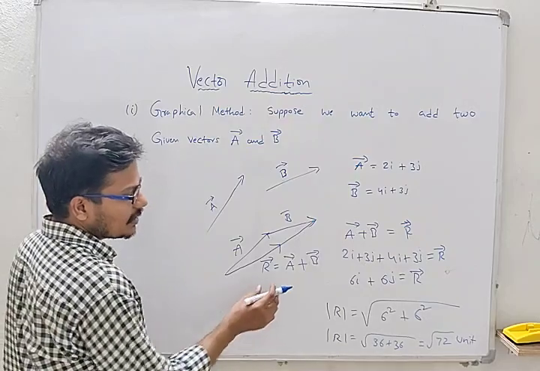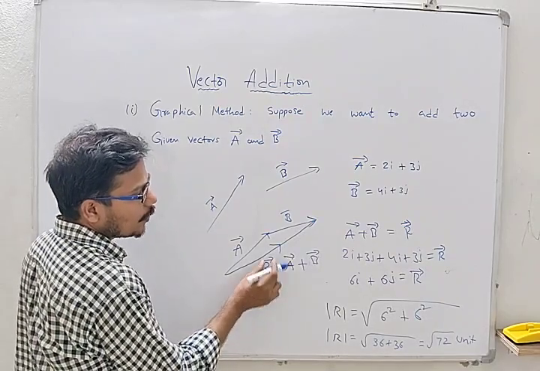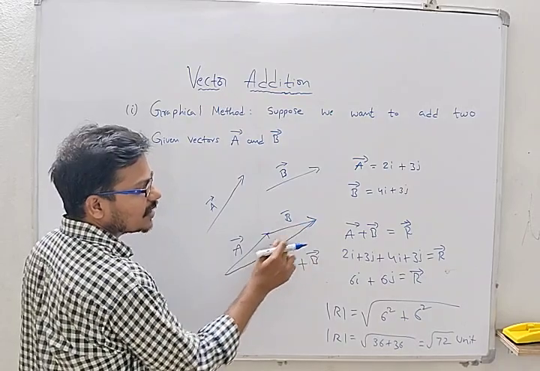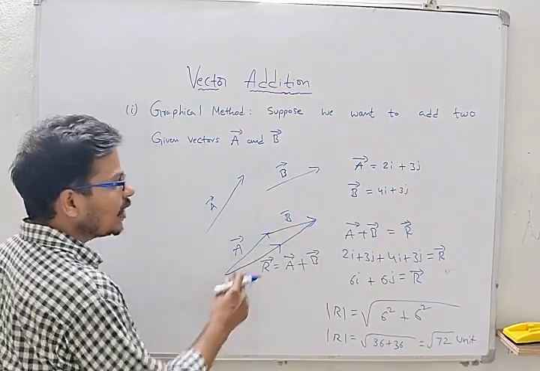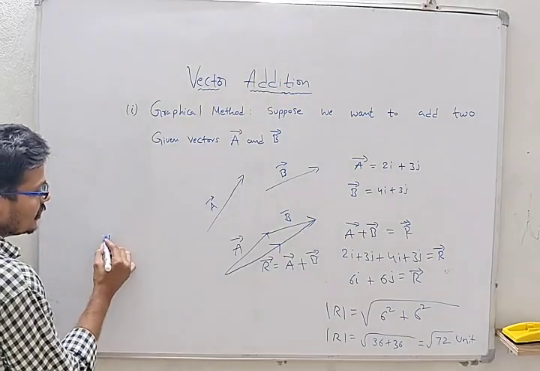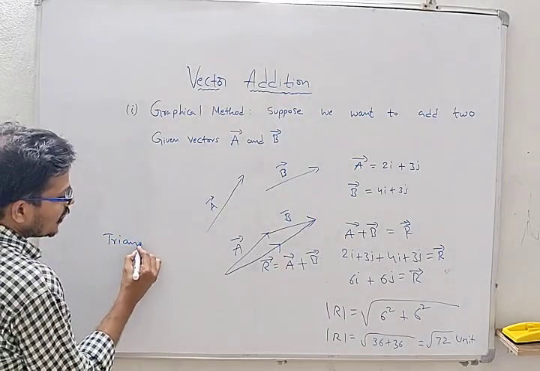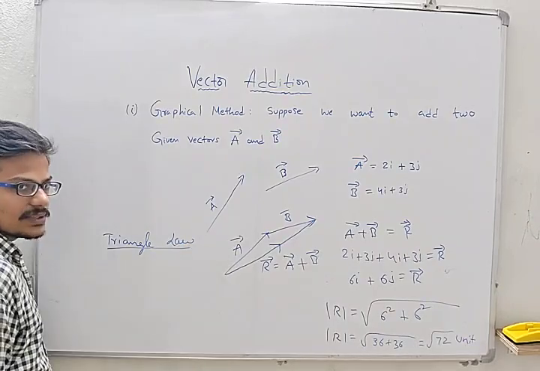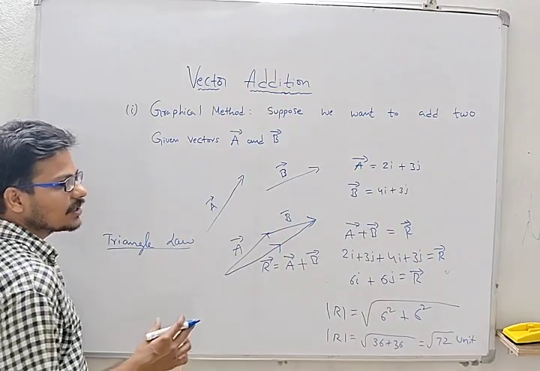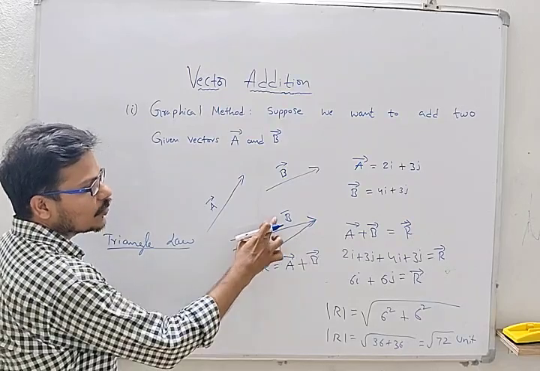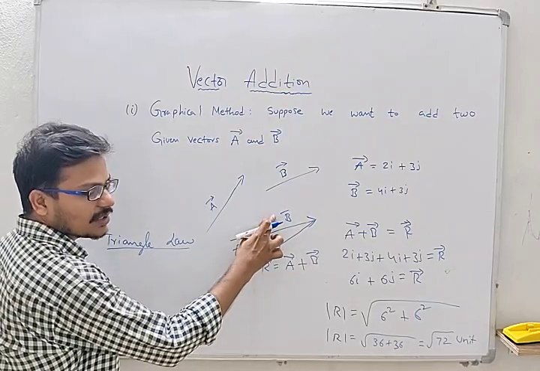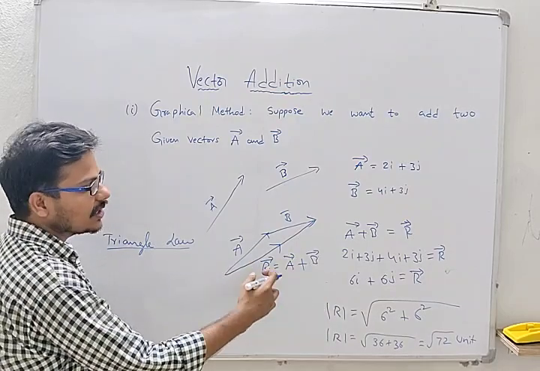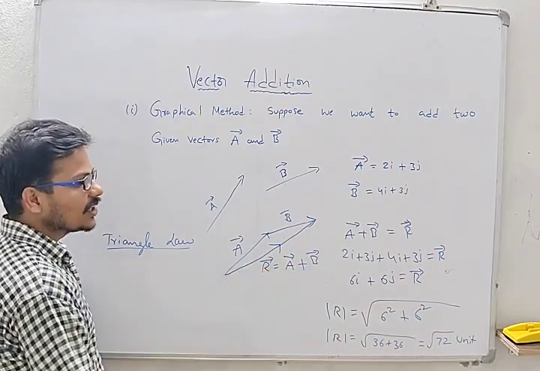Once again, the resultant direction must be opposite of the two vectors, because the two vectors are in the same direction. This is a triangle, and this is also called the triangle law. Triangle law in vector addition means that when we add any two vectors in the same direction, the resultant vector must be in the opposite direction.